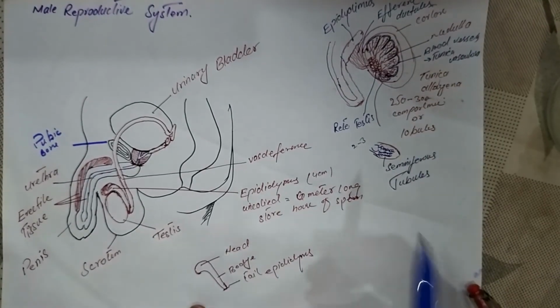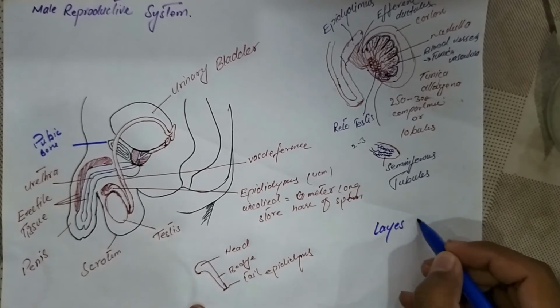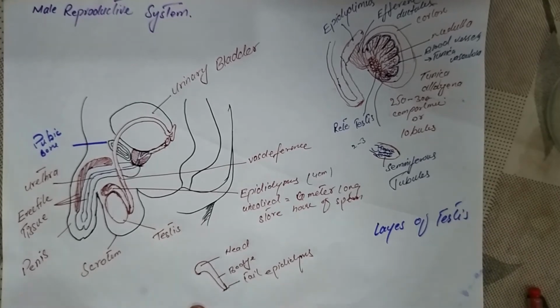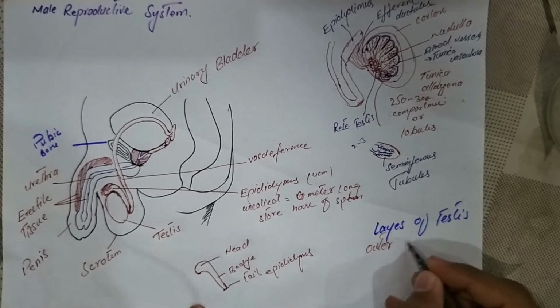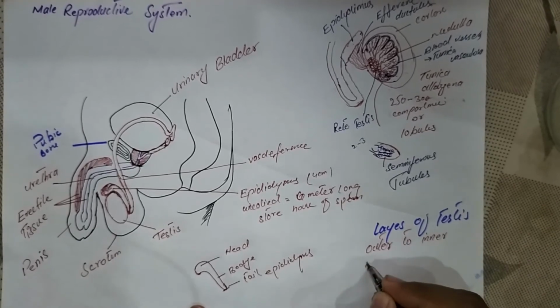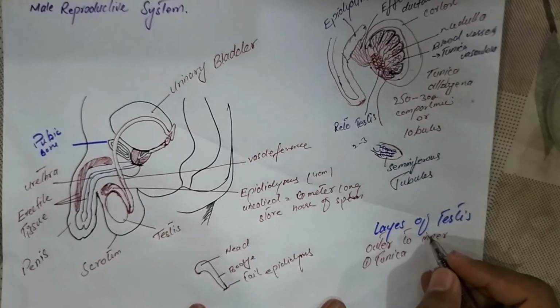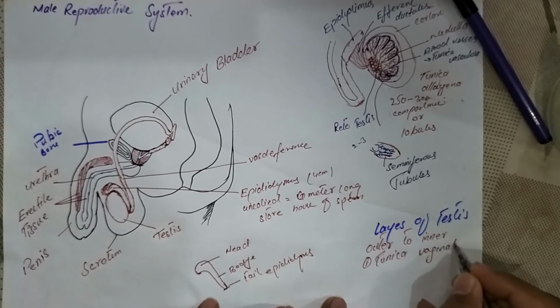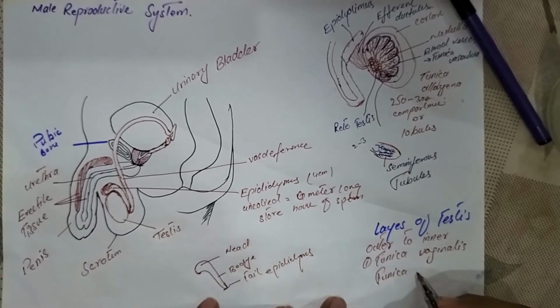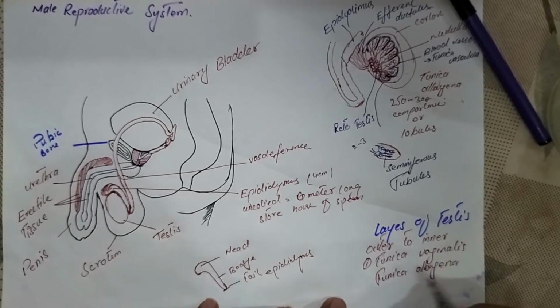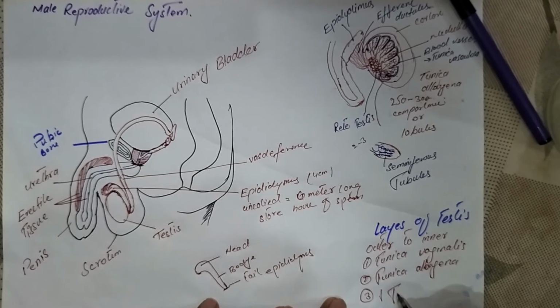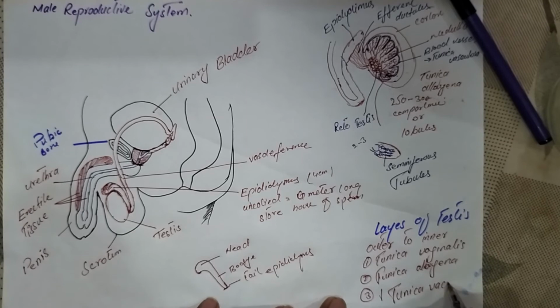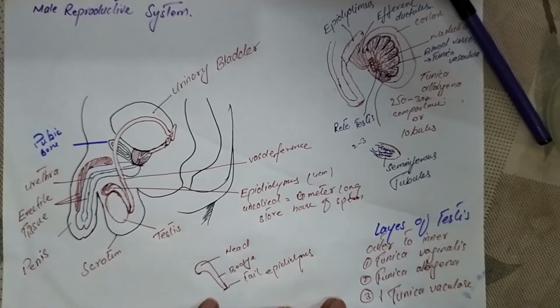If we show you here, the layers of the testes from outer to inner: first is the tunica vaginalis, then the tunica albuginea, and the third one is the tunica vasculosa, the innermost layer, and it gives blood vessels which run along the septa and lobules.